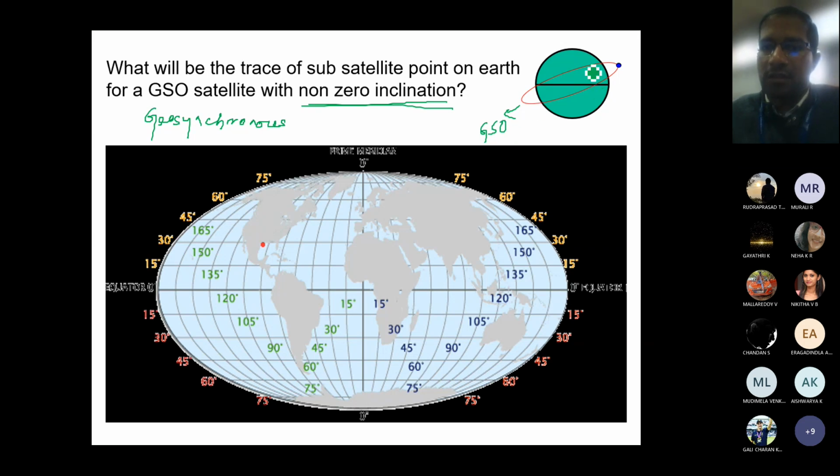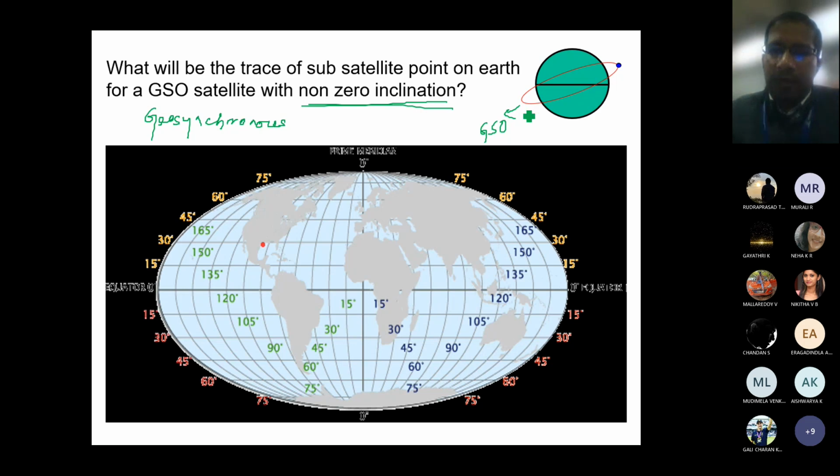But this orbit is not the geostationary orbit. Your geostationary orbit should be 0° inclined with respect to the equatorial plane. So this is not 0° inclined. It is non-zero inclination. So your satellite is rotating like this.